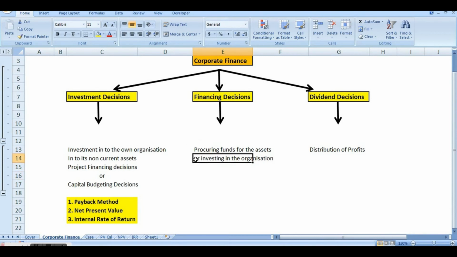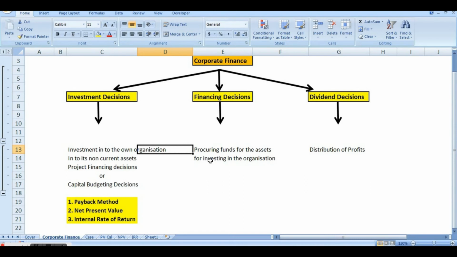Now, we have seen just now where you invest in the organization: into its own organization, into assets of the organization. Now, from where do you mobilize this money? There are various sources of finance for the organization. It can be the organization's own equity, meaning a promoter's contribution or the owner's contribution into the organization, which is called equity.